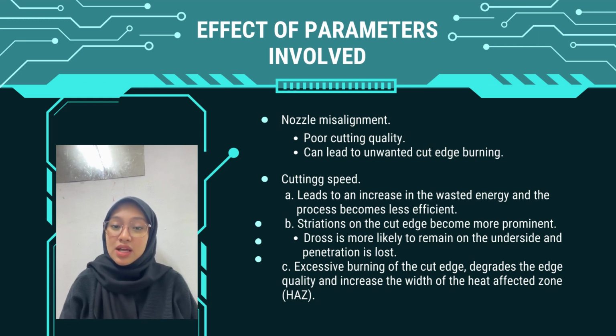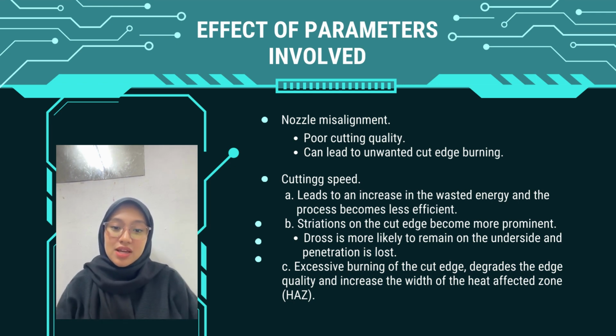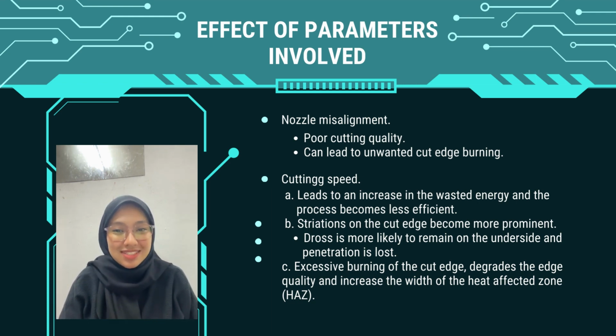For example, when oxygen is applied in mild steel cutting, too low a cutting speed results in excessive burning of the cut edge, which degrades the edge quality and increases the width of the heat affected zone, HAZ. In general, the cutting speed for a material is inversely proportional to its thickness.